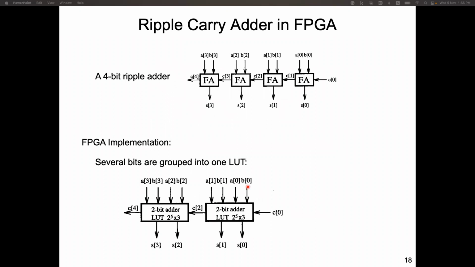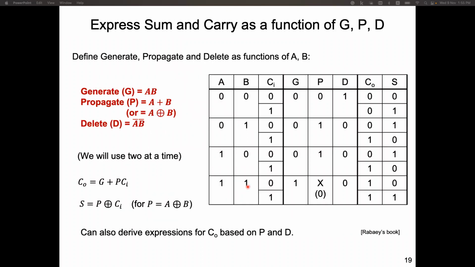This has been discussed. Most of them are based on the use of intermediate signals. So we have A, B, C as input, and we can generate 2 intermediate signals, G and P, generate and propagate.